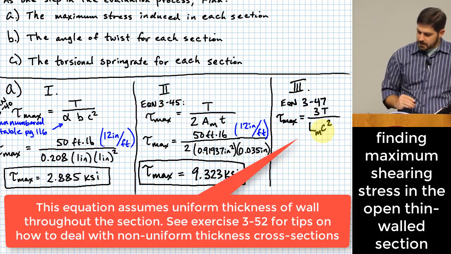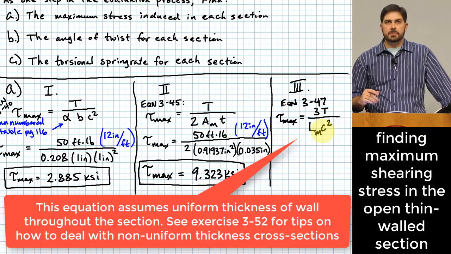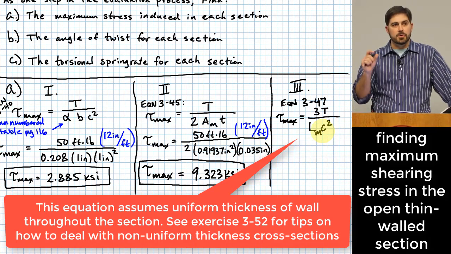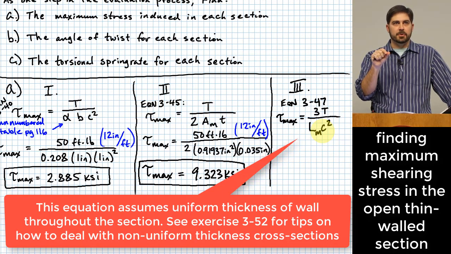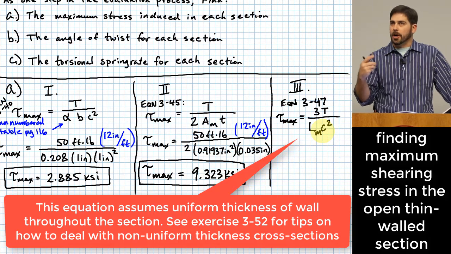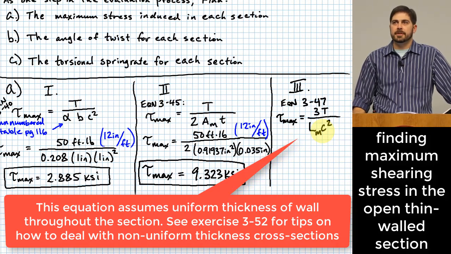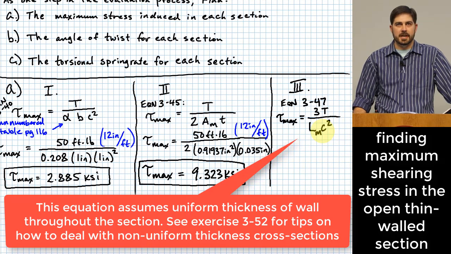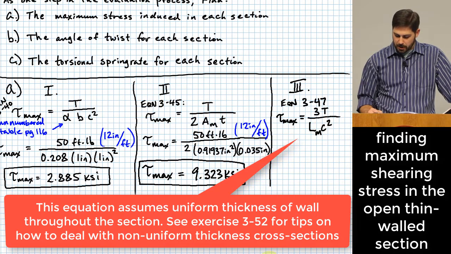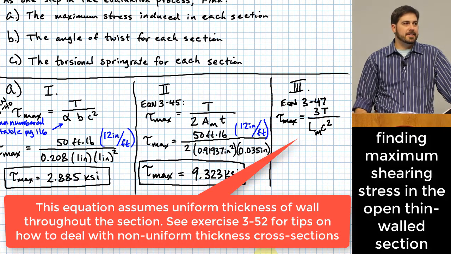Okay, and keep in mind that this equation 347 is if you have uniform thicknesses of every segment of your open cross-section. Okay, one of your homework problems that I'm going to give you will have non-uniform thicknesses of the various segments. And so that's where I mentioned that exercise problem that you will probably want to check out.